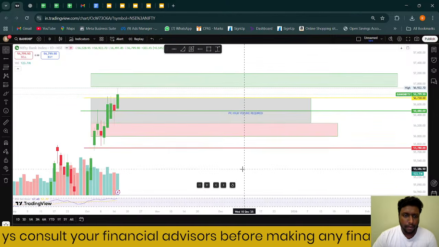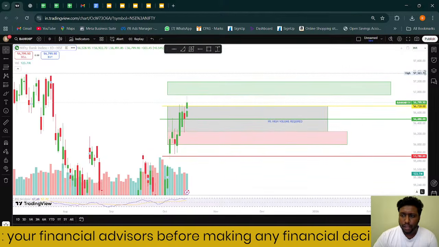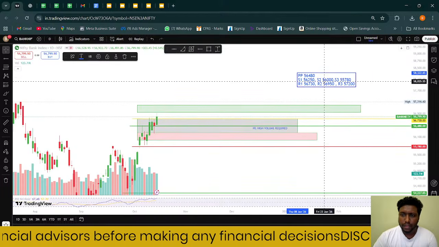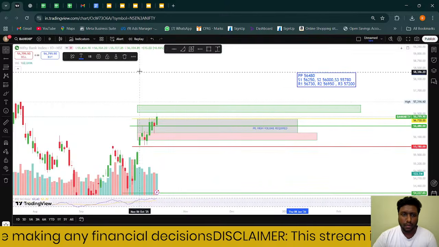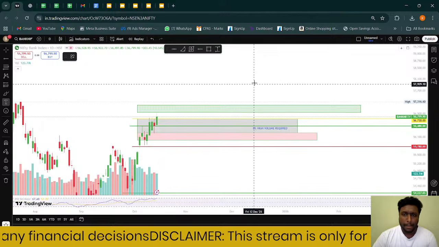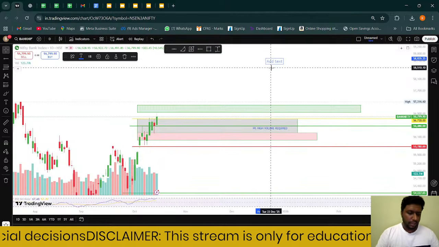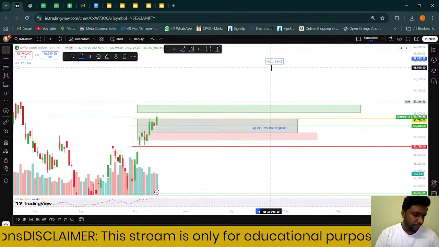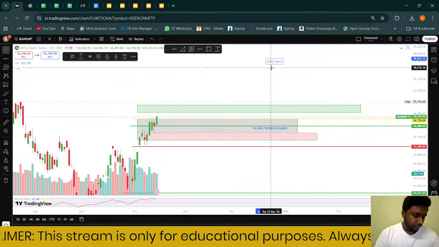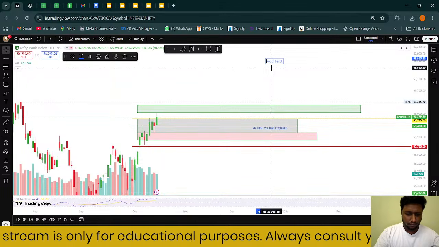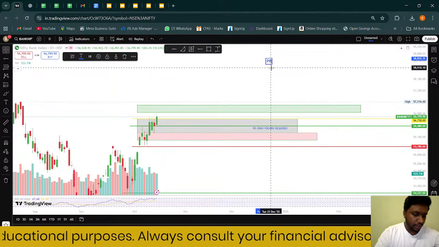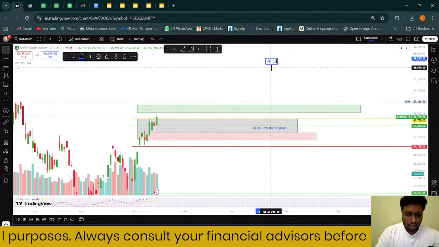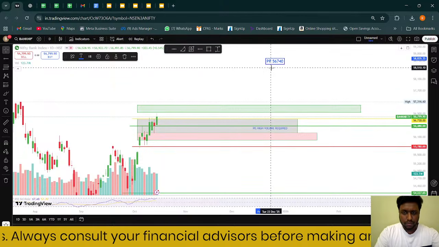So let's have a look at today's levels with respect to today's pivot line. I'll just start with the pivot line. PP I considered 56,740.